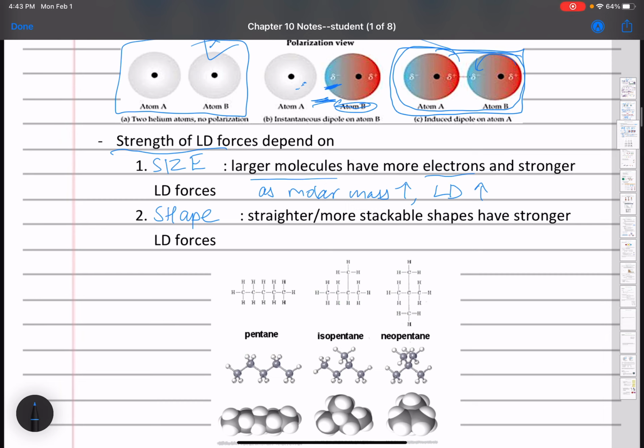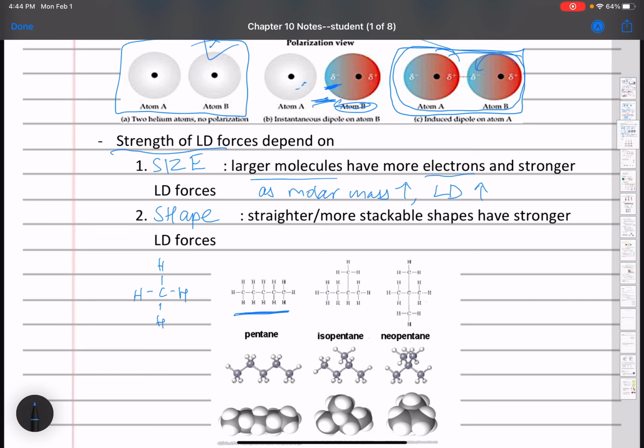So if you have two molecules of different sizes, like pentane versus methane, methane is going to have much lower London dispersion forces than pentane because pentane is just a larger molecule.